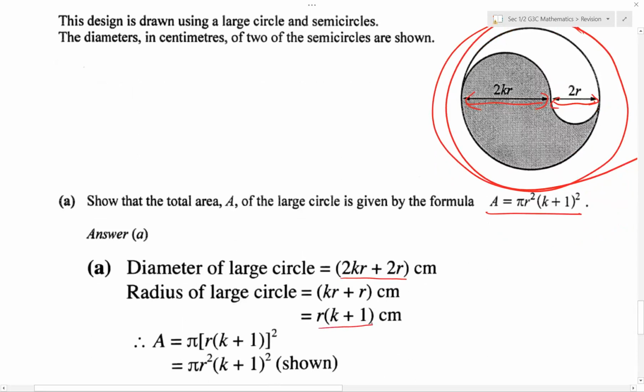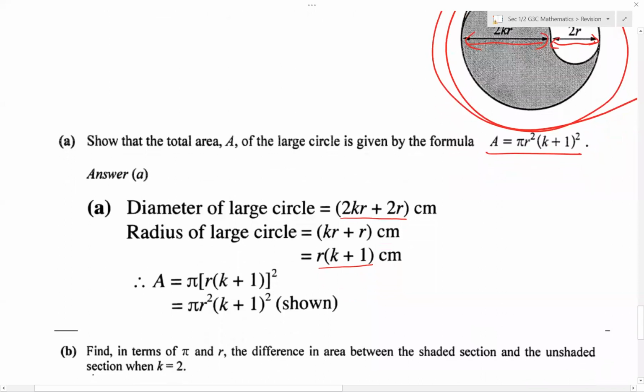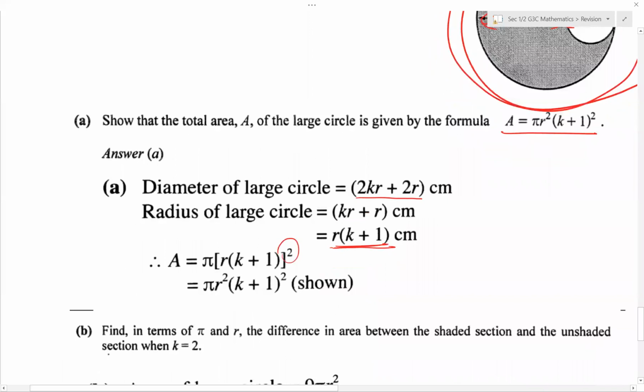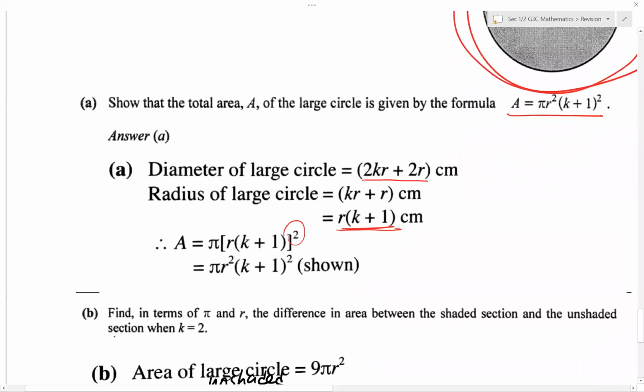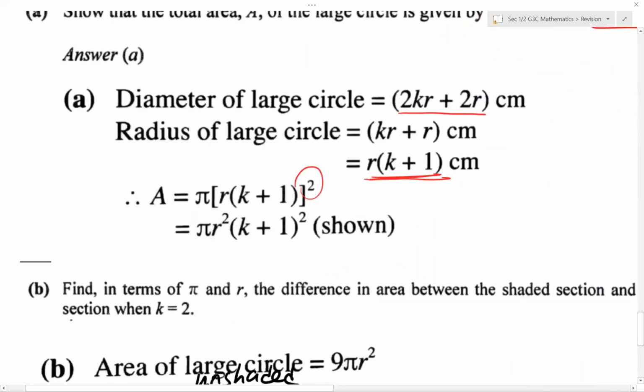Radius is, we divide it by 2, you get r times (k plus 1). This is the factorized form. Next, to find the area, it is simply pi times the square of the radius. But the radius is given by r times (k plus 1). So be very careful about your brackets and your expansion. So the area is pi r squared, (k plus 1) squared.